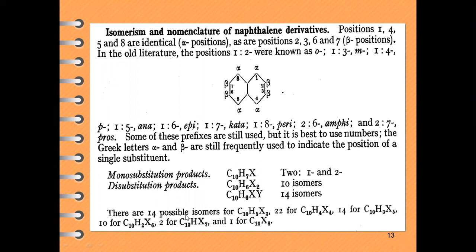There are 14 possible isomers for tri-substituted naphthalene, 22 isomers for tetra-substituted naphthalene, 14 isomers for penta-substituted naphthalene, 10 isomers for hexa-substituted naphthalene, 2 isomers for hepta-substituted naphthalene, that is 7 substitutions, and 1 for octa-substituted naphthalene.